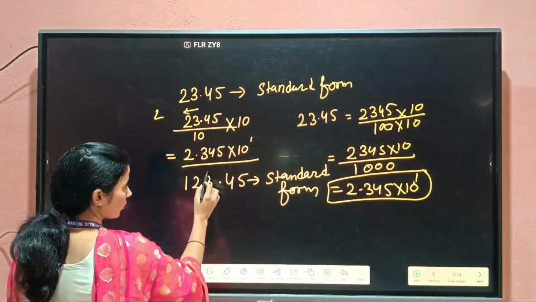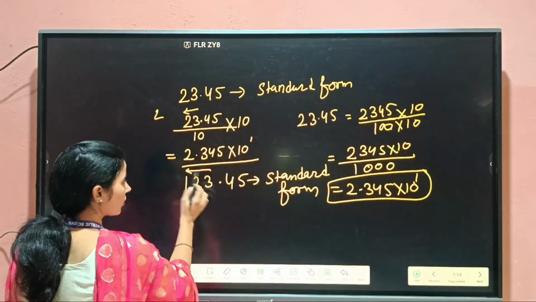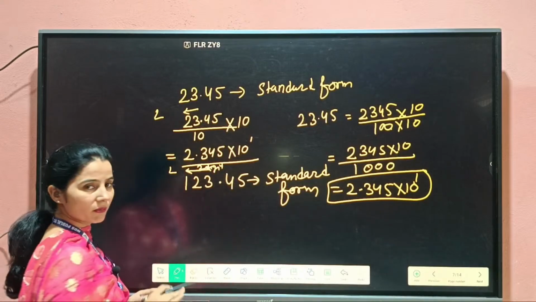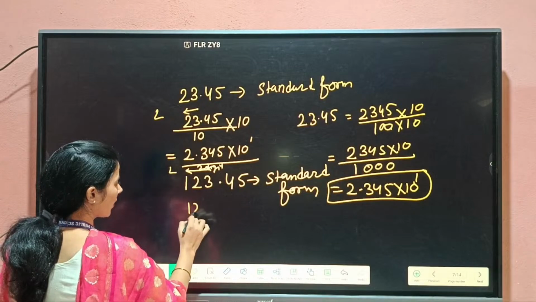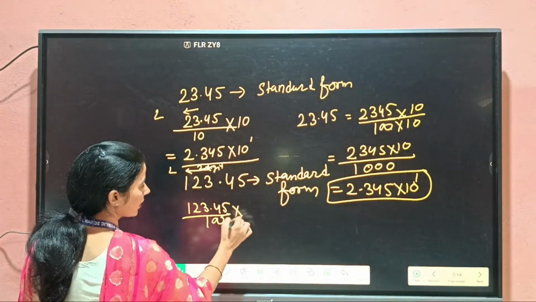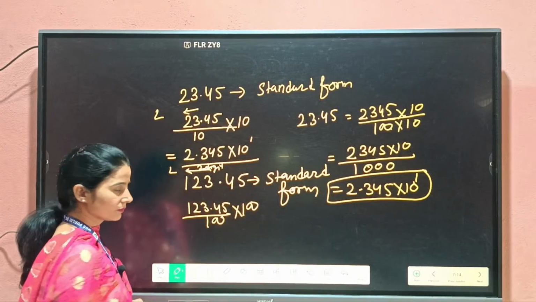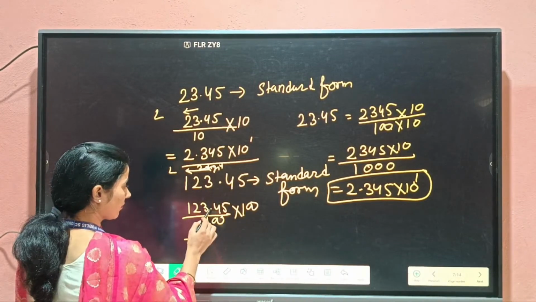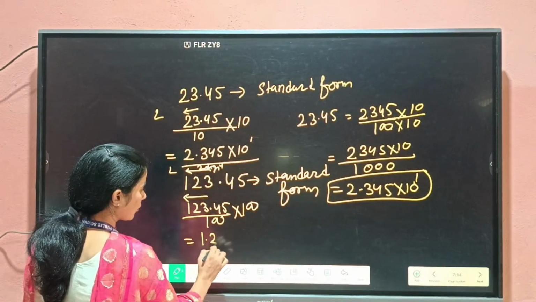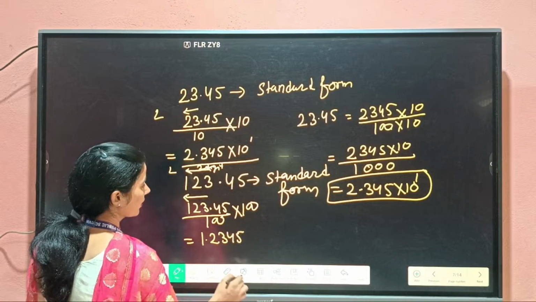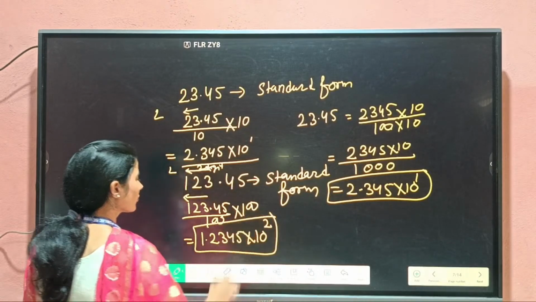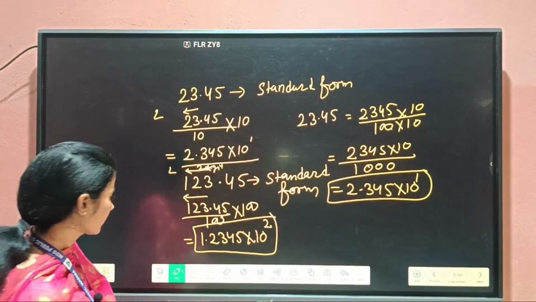I want to shift this decimal 2 digits towards the left, so I have to divide by 100 and multiply by 100. The decimal will shift 2 digits towards the left: 1.2345 into 10 raised to power 2. This will be its standard form.